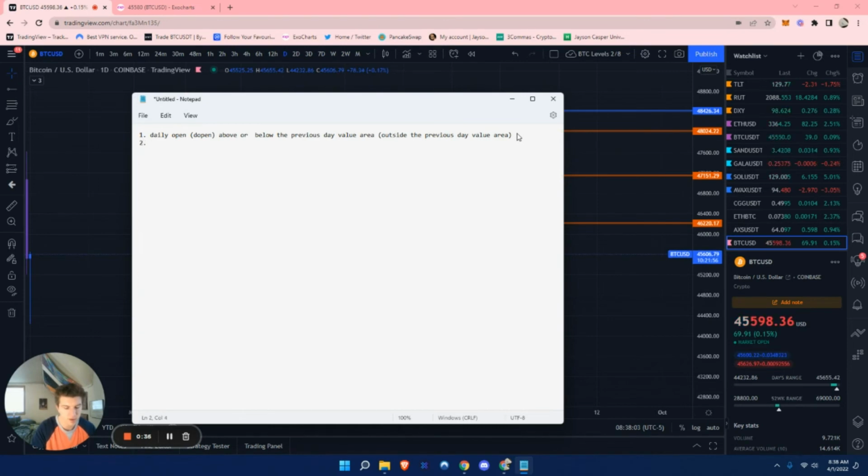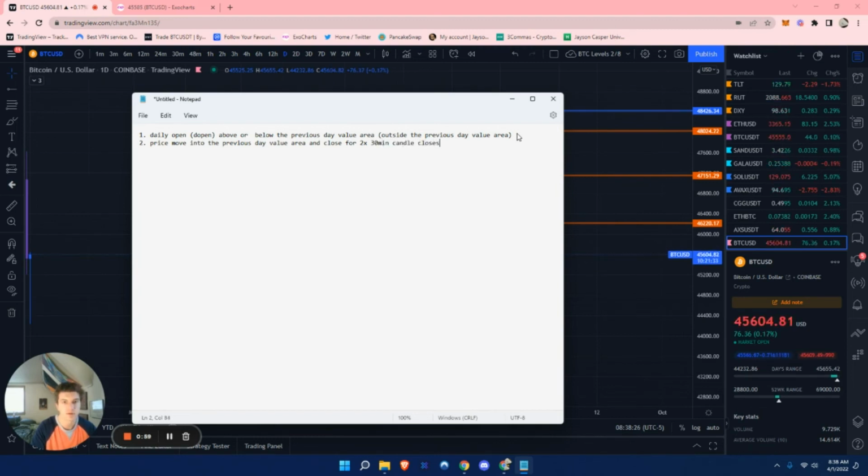Next, you want to see price move into the previous day value area and close for 2 times 30-minute candle closes.